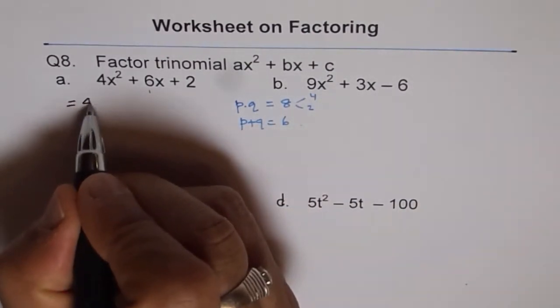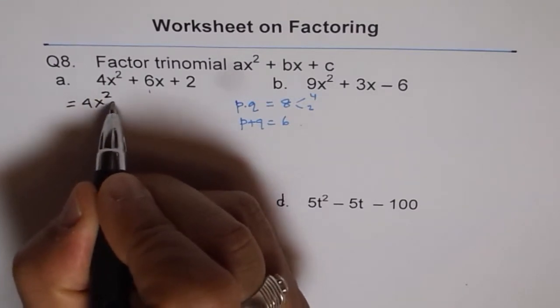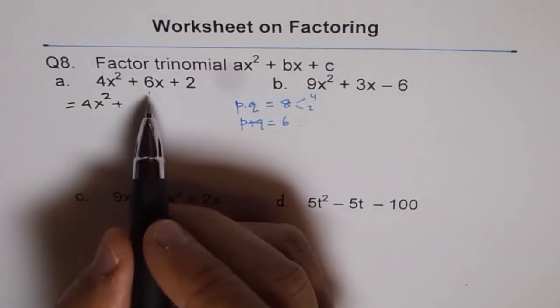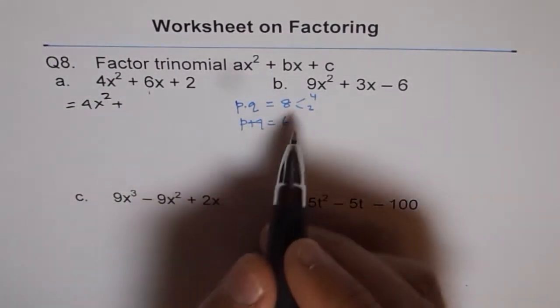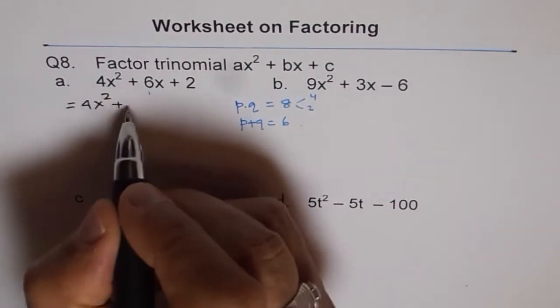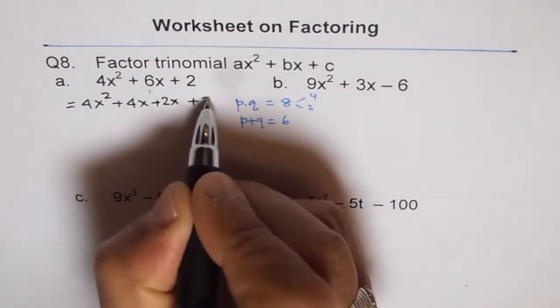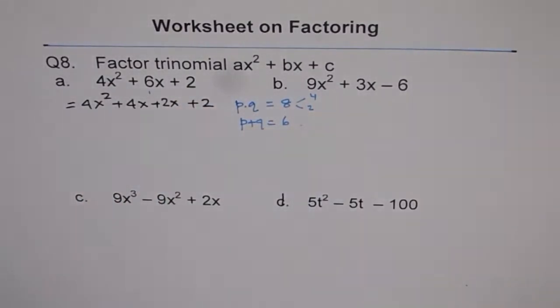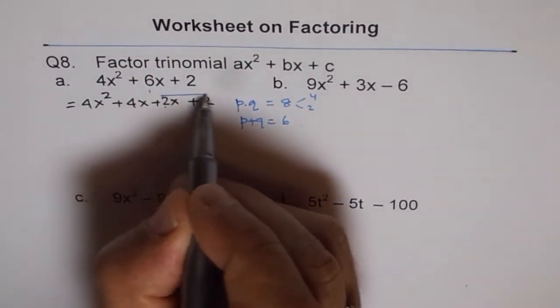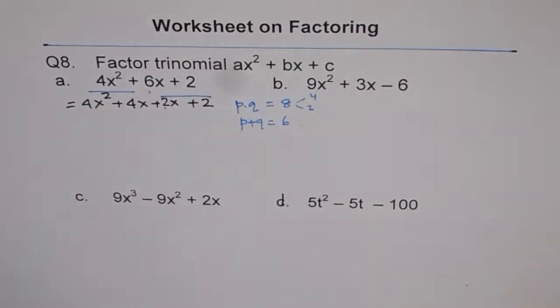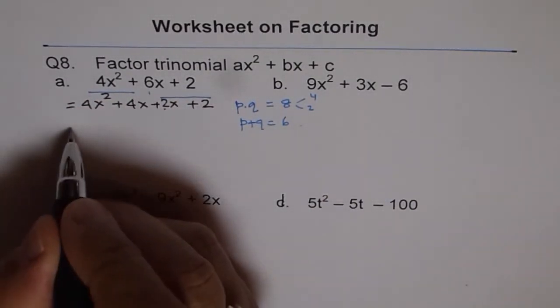So now we can write this expression as 4x squared plus. So we'll basically write 6 as a combination of 4 and 2, right? So we get here 4x squared plus 4x plus 2x plus 2. And now we have 4 terms. And whenever you have 4 terms, you can always group them in 2's and then factor.